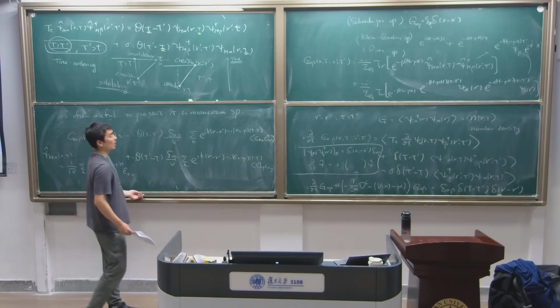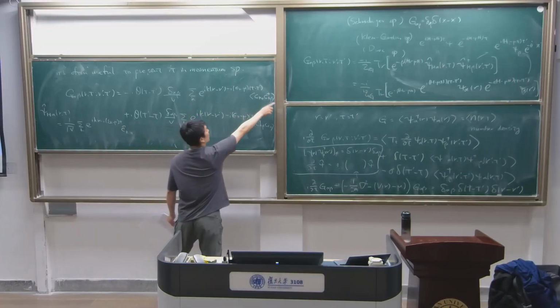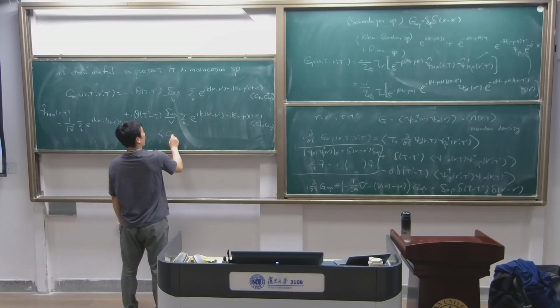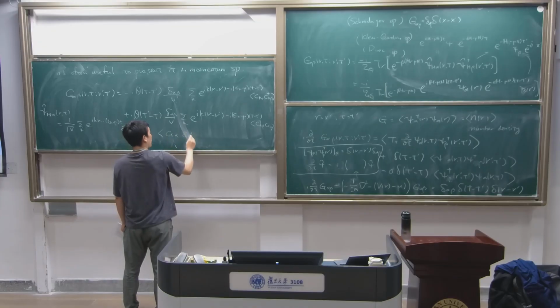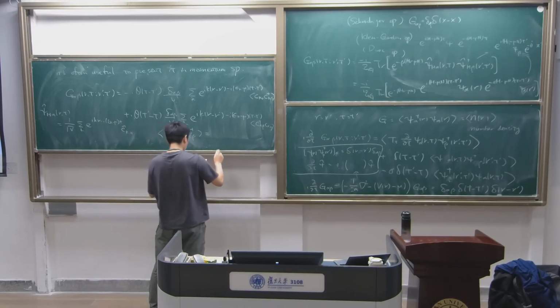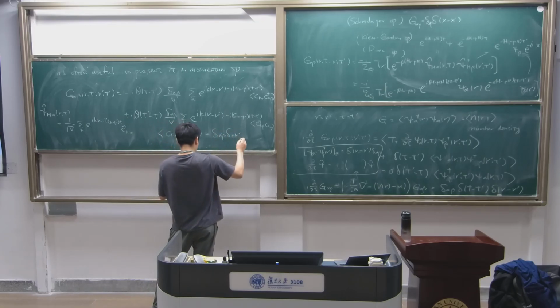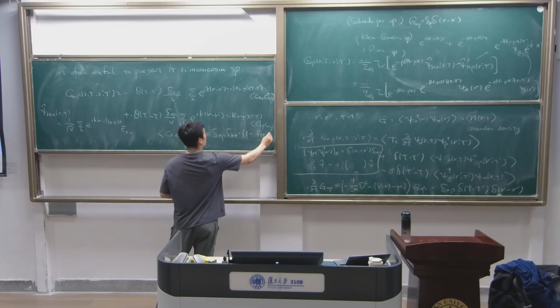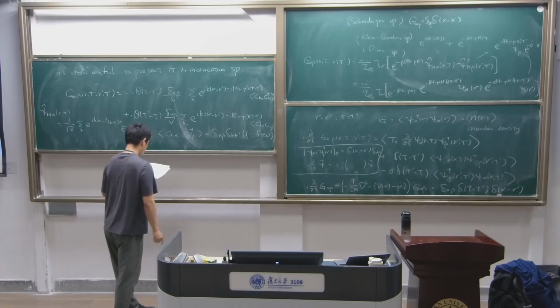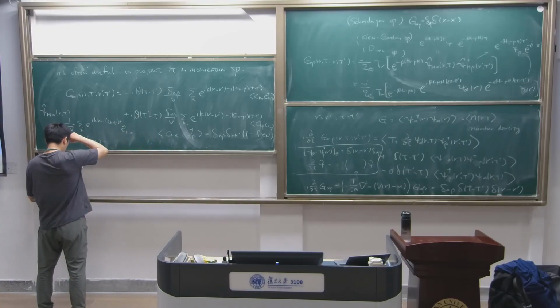And recall that strictly speaking, I need to put K and K prime here. But if you recall that c K alpha, c K prime beta dagger expectation is equal to delta alpha beta delta K K prime, and then you have 1 minus f.